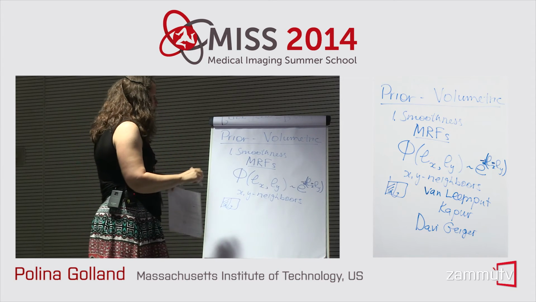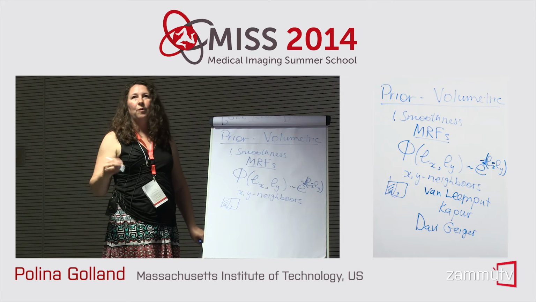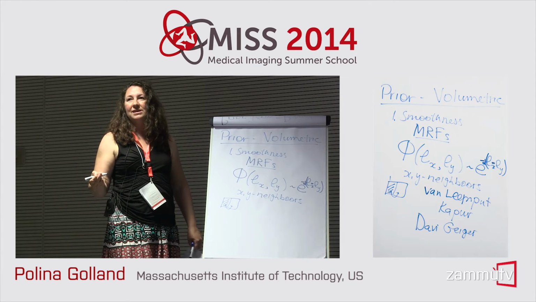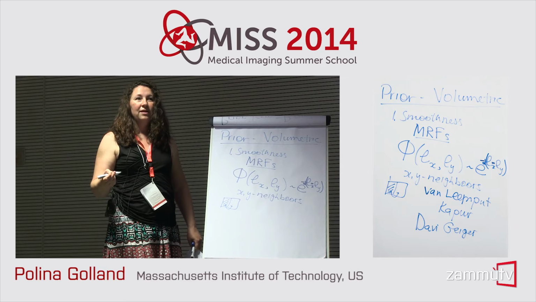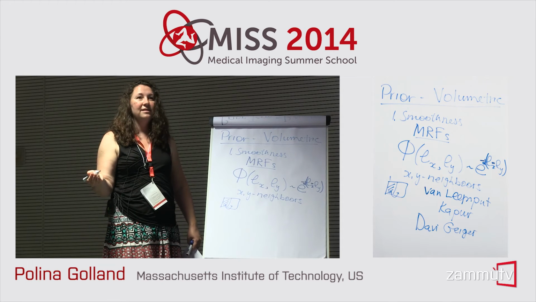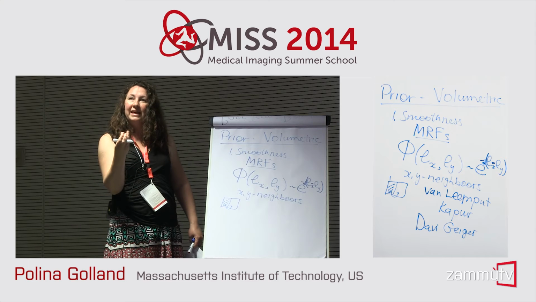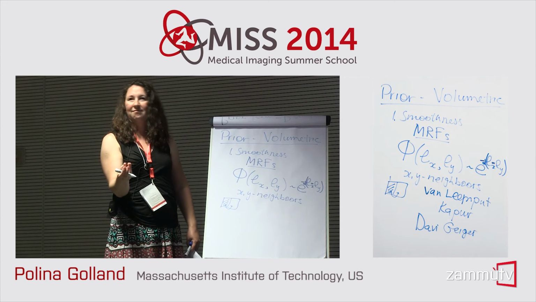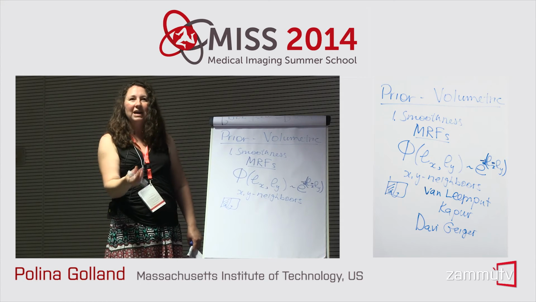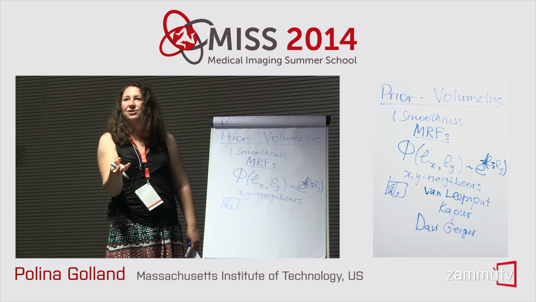Actually, there are too many references to list here, for real. I'll give you one that I like because it was, to my knowledge, so again, Koen van Leemput and Tina Kapur have done something like this. They were the first applications to brain segmentation. As far as I know, in medical image computing, this was the first application of this method.